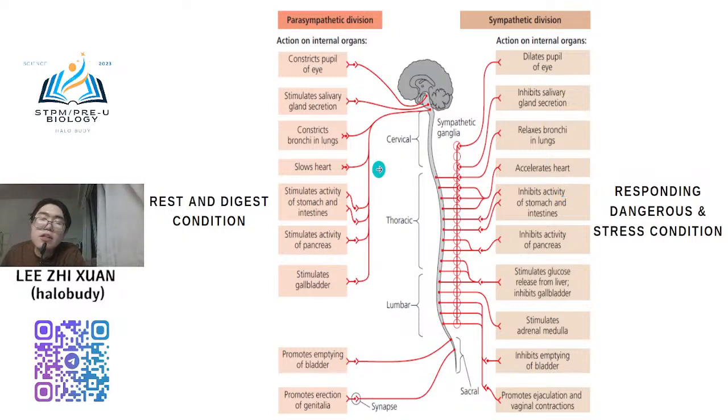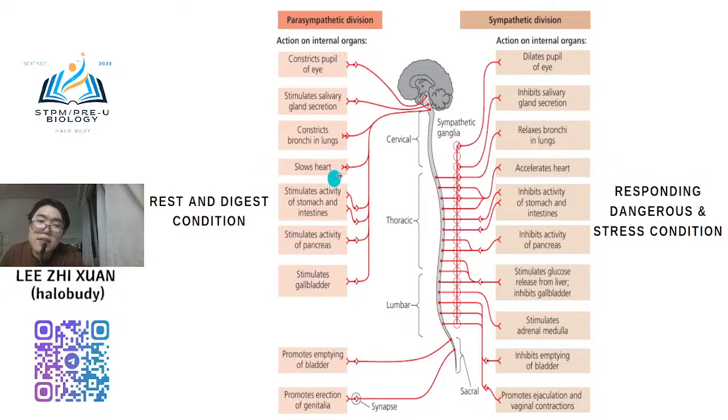Okay, and then this one is very famous, about the response. What is the difference between the response of the parasympathetic and the sympathetic? Normally, if you still remember, you already learned in chapter 8, regulation of heartbeat, as I taught before. One of the factors that regulates the heartbeat is the nervous system, right?